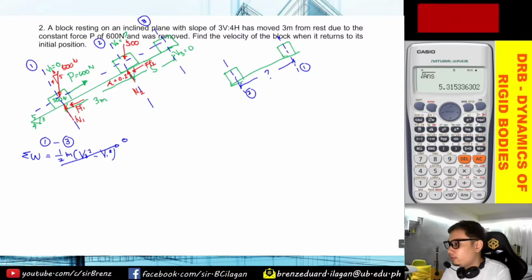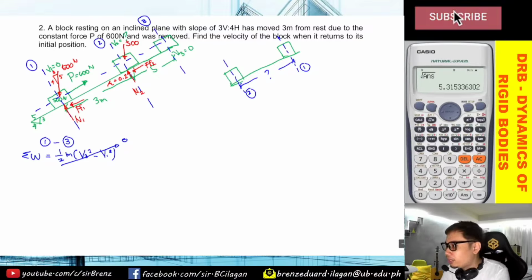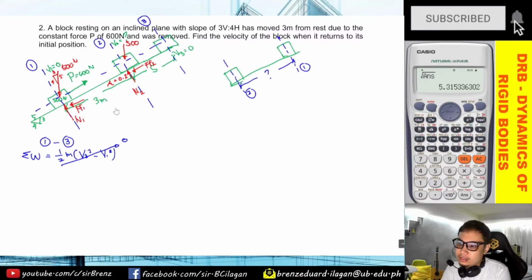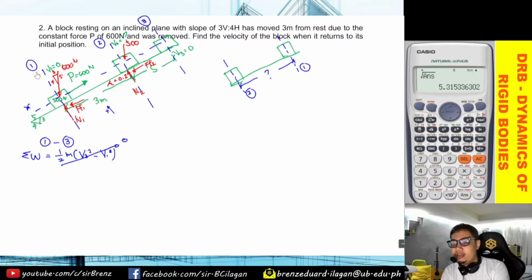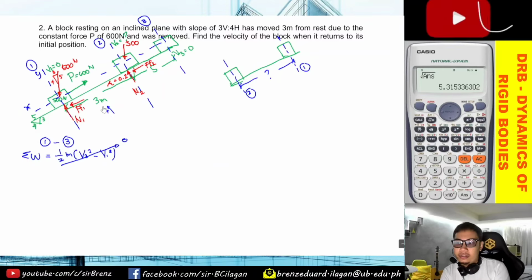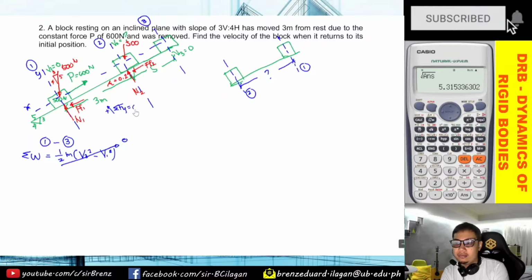Hindi pa pala tayo makapag-summation ng work. Mag-SRB muna tayo. So, when you take summation of forces, mag-shifting ng axis. Ito yung magiging x, ito yung magiging y-axis ko. So, assuming in this direction as positive, take summation of forces y equals to 0.